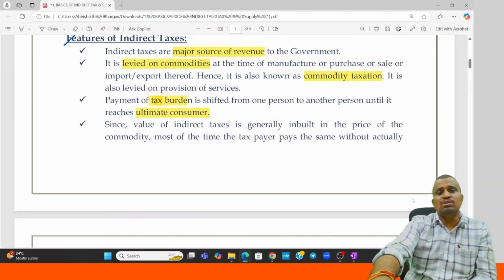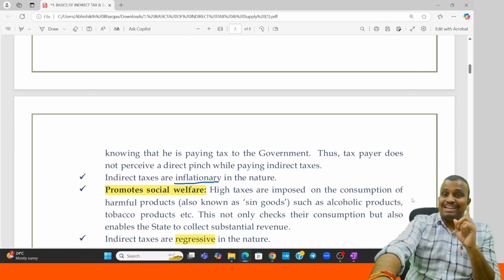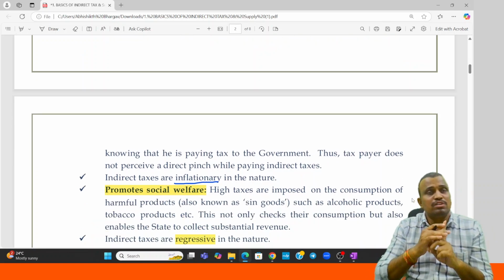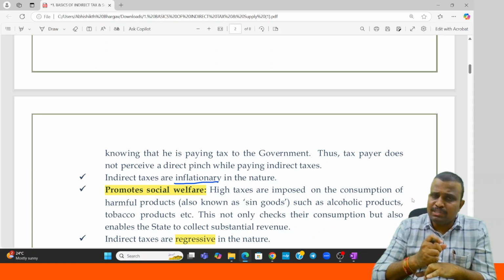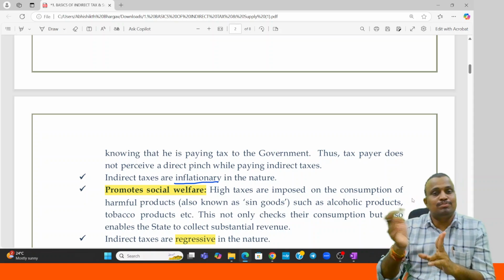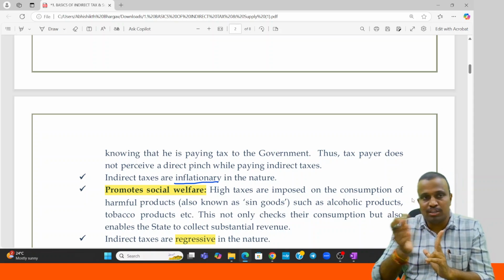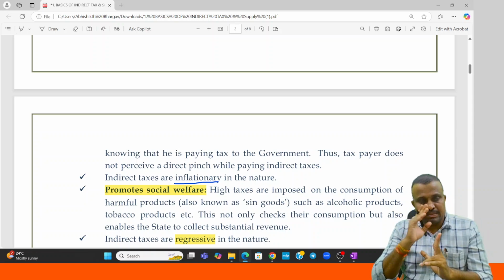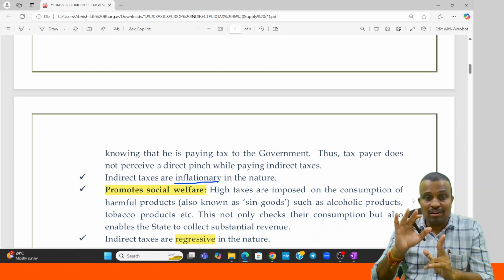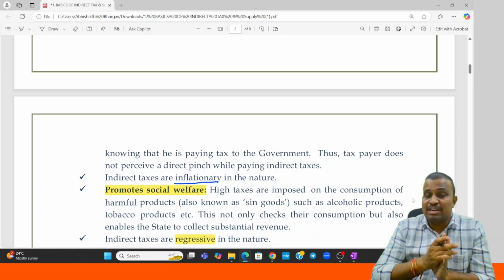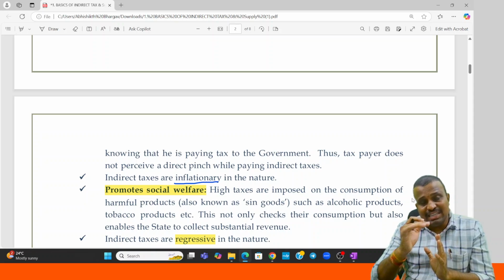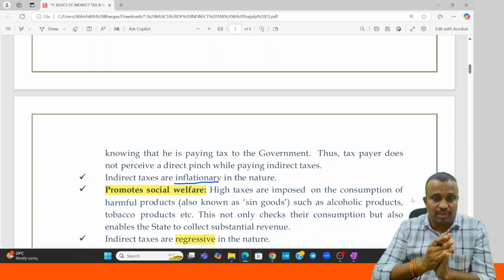So, what are the features? First, indirect tax is a major source of revenue to the government. Second, the tax burden is shifted from one person to another until it reaches the ultimate consumer, so the taxpayer and the tax bearer are not the same. Third, indirect taxes are inflationary in nature as they increase the price of the product.